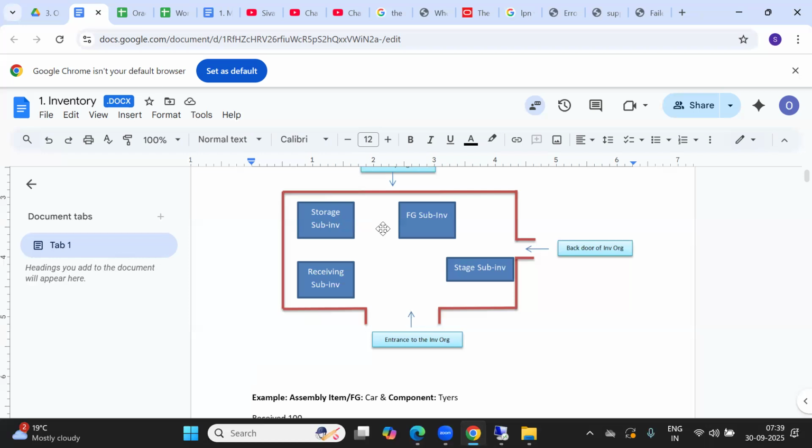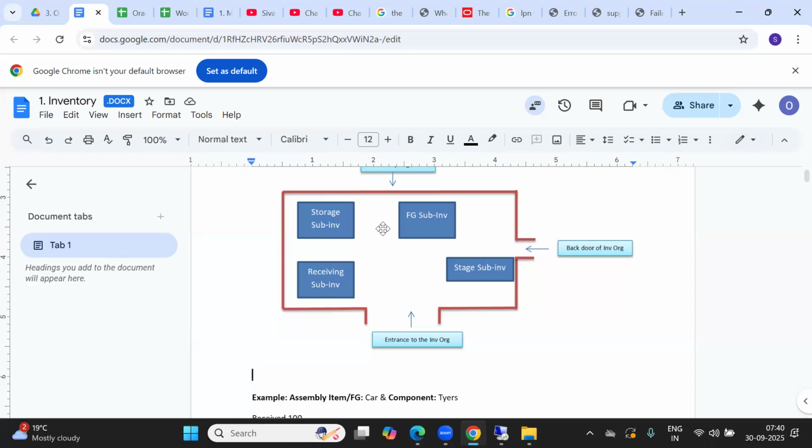If you take any manufacturing plant, there are many people, starting from the user level: warehouse user, warehouse coordinator, warehouse supervisor, super user, manager, assistant manager, senior manager, general manager, and then warehouse director.